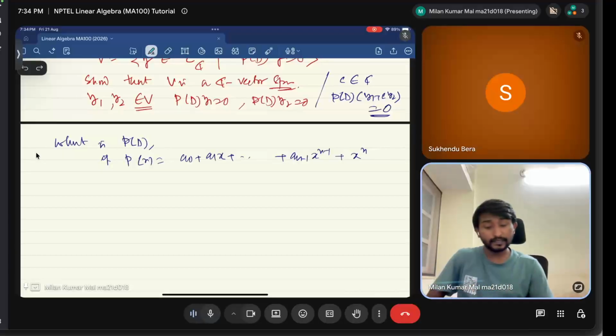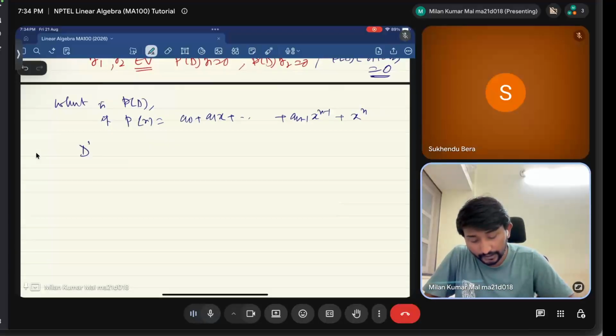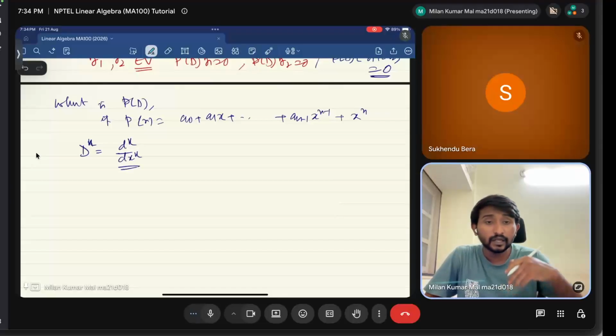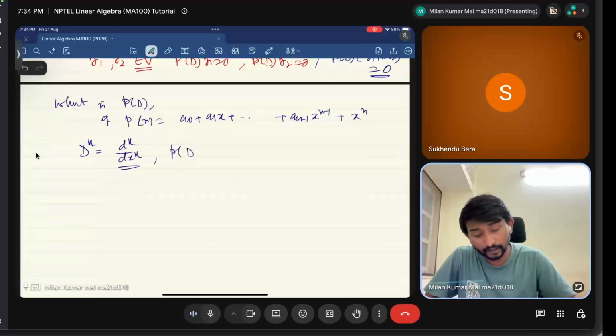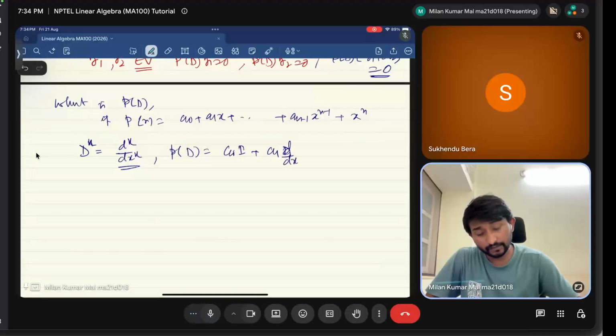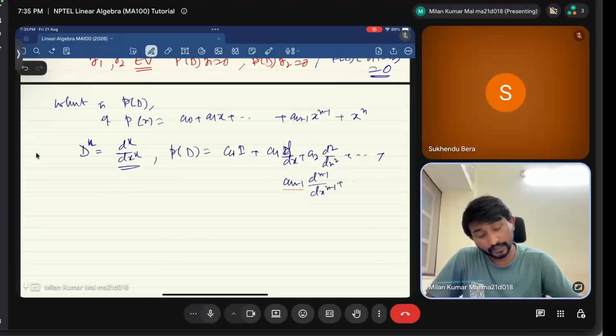If I consider D^k = d^k/dx^k, the kth derivative, then P(D) is nothing but a0 times the identity plus a1 d/dx plus a2 d^2/dx^2, all the way to a_{n-1} d^{n-1}/dx^{n-1}, plus d^n/dx^n.